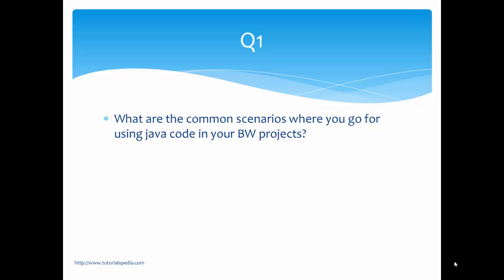The answer to this question is that there can be scenarios where some of the functionality is not available off the shelf in TIBCO BW palettes, and we have to write our custom code for that. For example, if we have to do some type of photo editing, we don't have a photo editing feature available in TIBCO BW off the shelf. In that kind of situation, if we want to use Swing or AWT libraries of Java, we will have to use custom code.